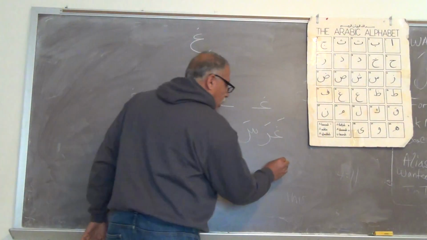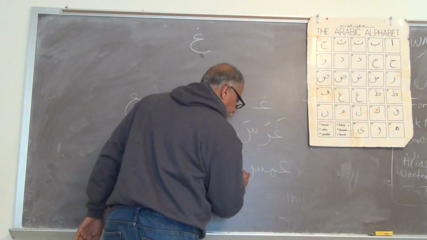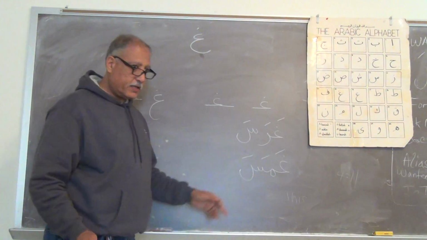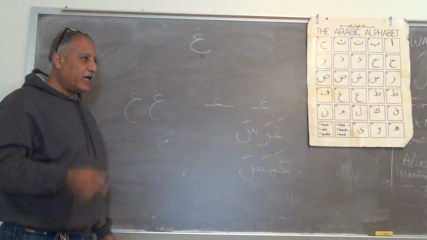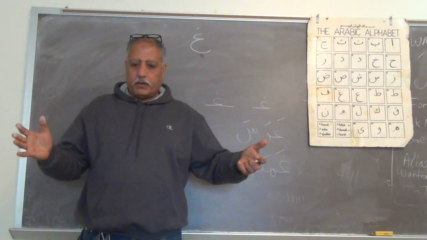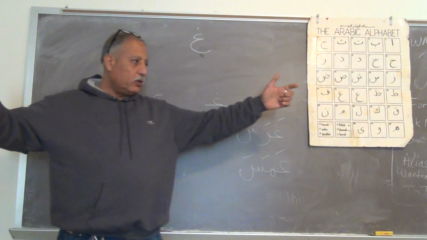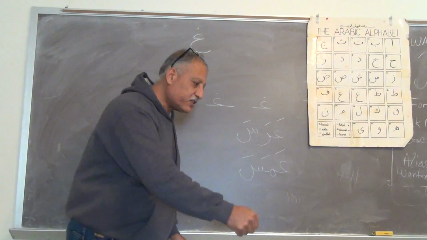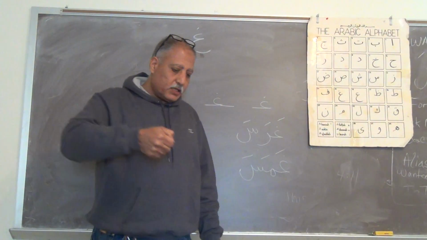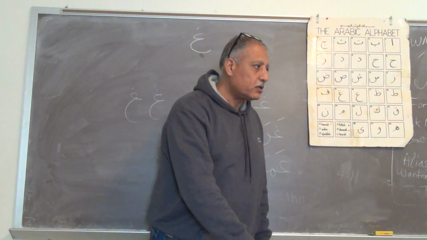Okay. غمس. If I have a big bowl of water or a big thing full of fire, and I put something in this fire or this water, it means I do the verb غمس, meaning put something inside water or inside the fire.